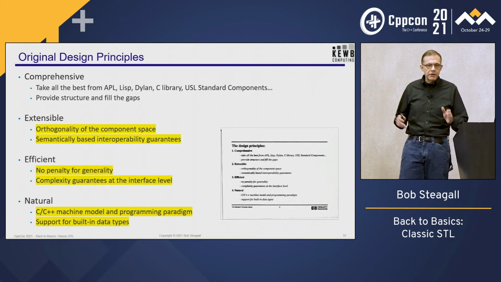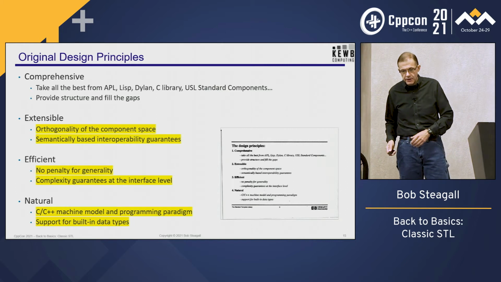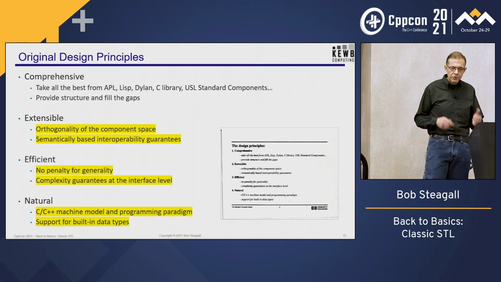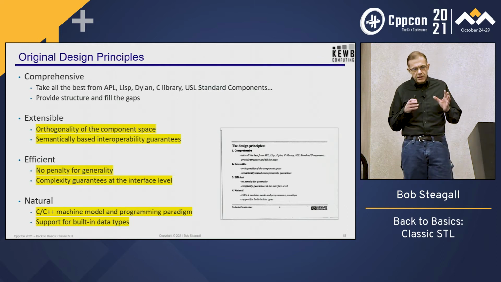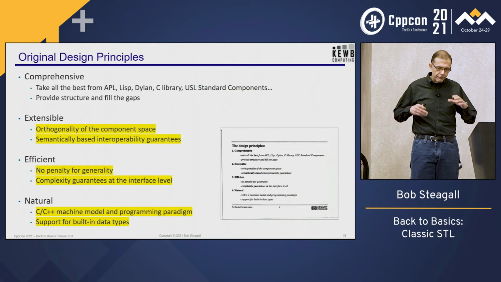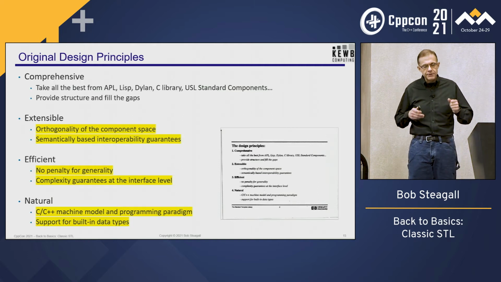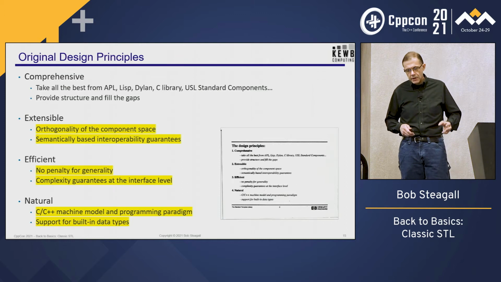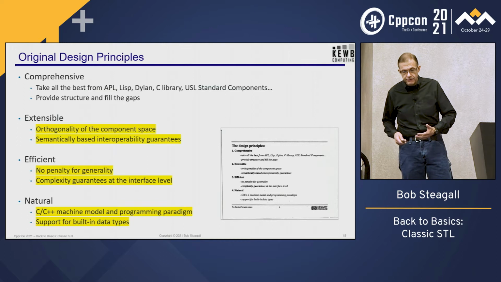The orthogonality of components. You can create an algorithm without changing a container and vice versa. Semantically based interoperability guarantees. And what that means is if you build a container and that container follows the rules for the interface that it provides and the way that it operates and the iterators that it provides, it'll work with the algorithms and vice versa.